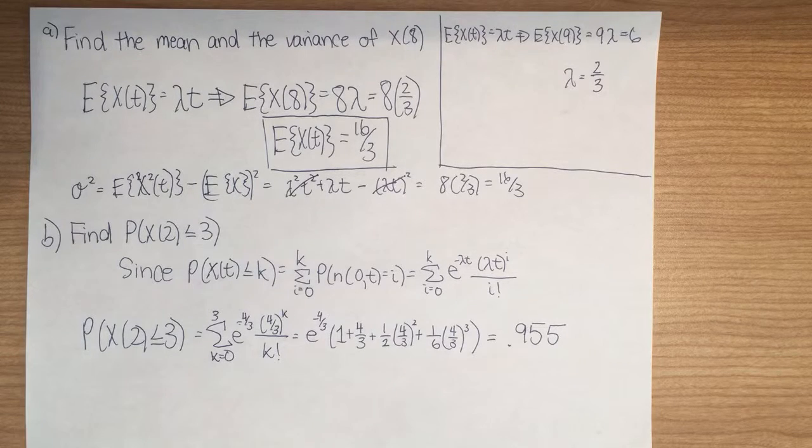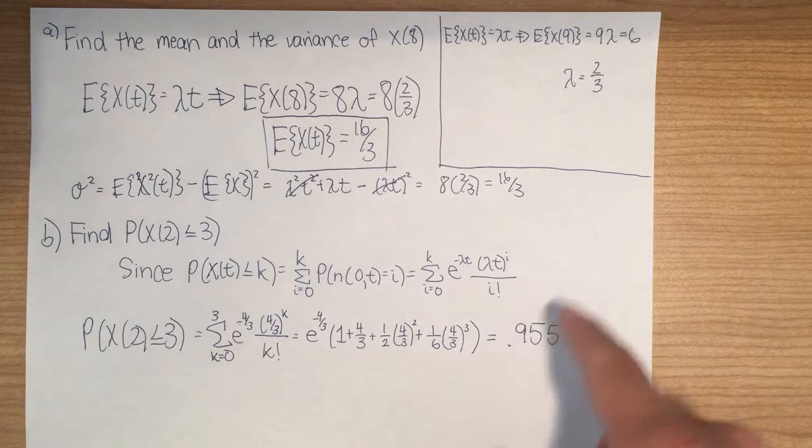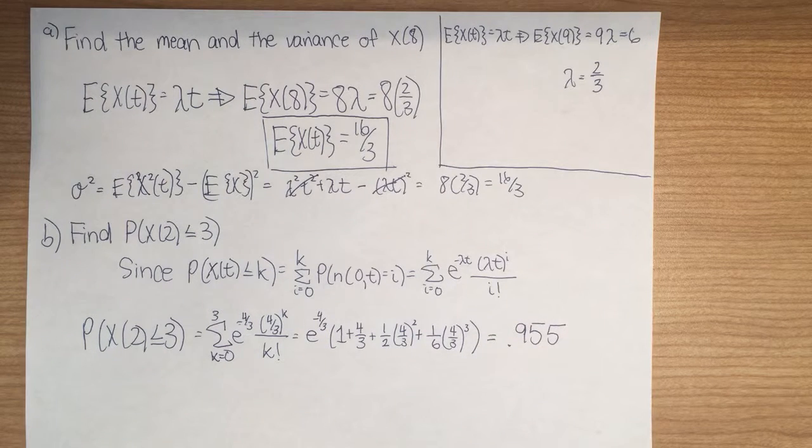Part B, we're trying to find the probability that X(2) is less than or equal to 3. We use a formula: the probability that X(t) is less than or equal to k equals the summation from i equals 0 to k of e to the negative lambda t times lambda t to the i over i factorial. That's basically the Poisson equation.